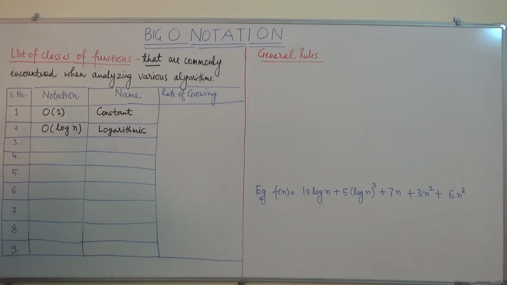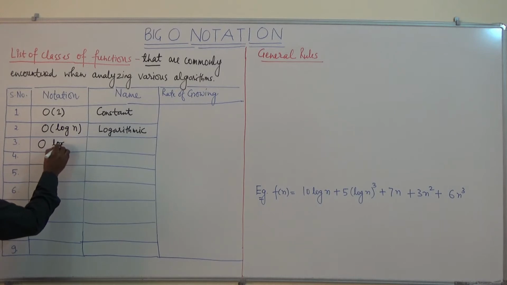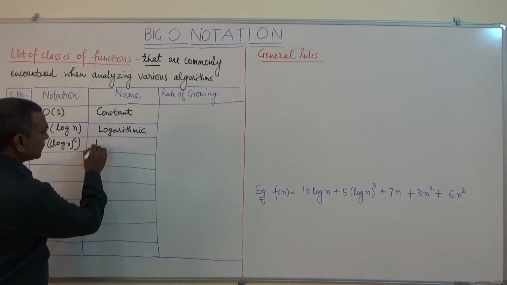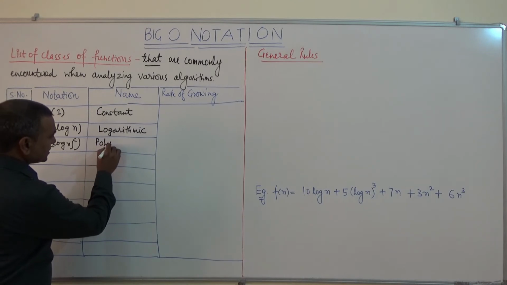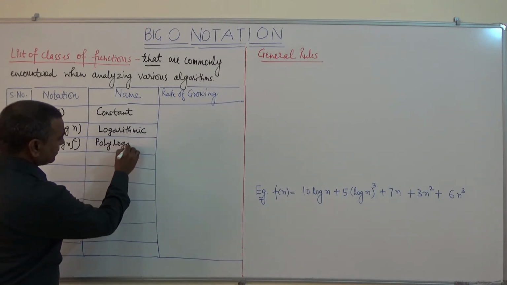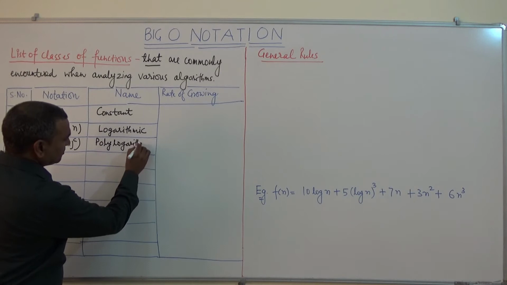And then big O of log n raised to the power c, this is polylogarithmic.